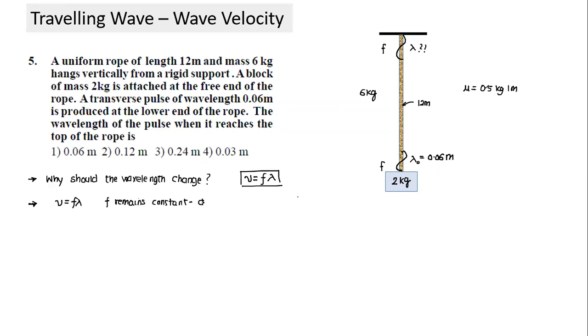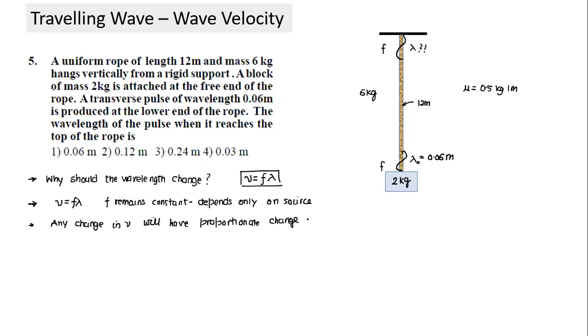So if velocity changes, there has to be a proportionate change in wavelength. Any change in V will have a proportionate change in lambda.